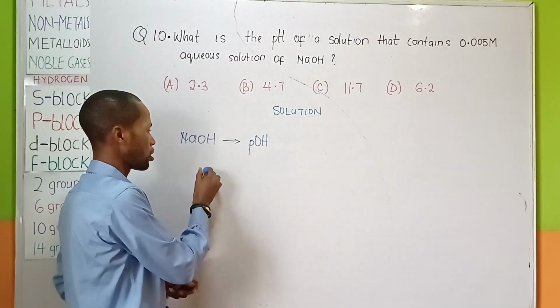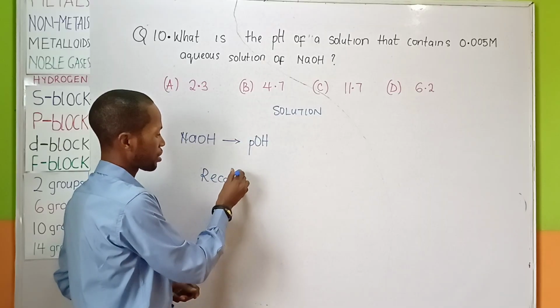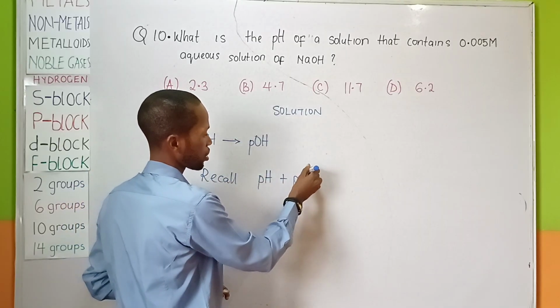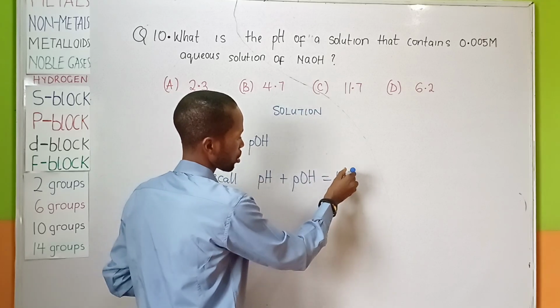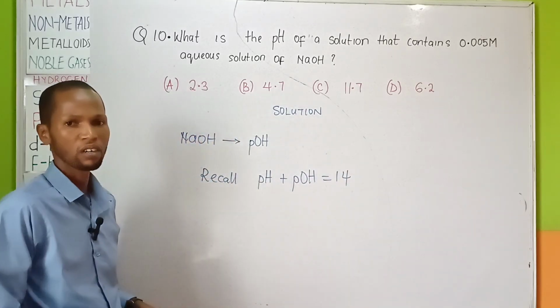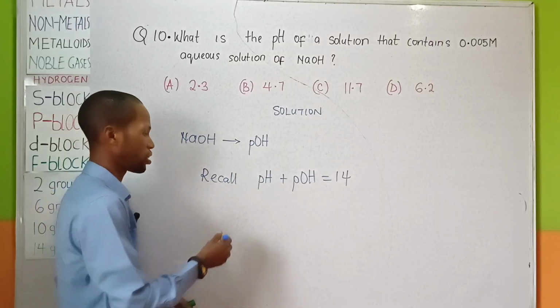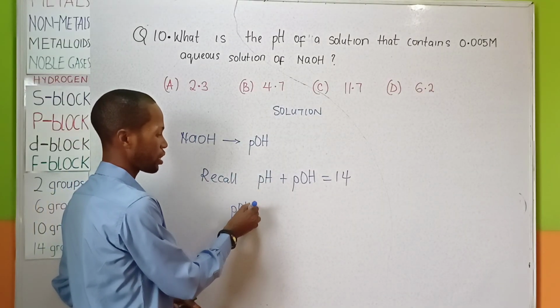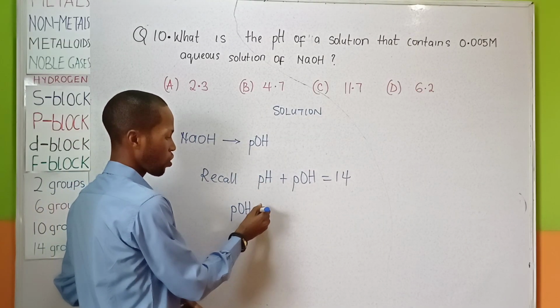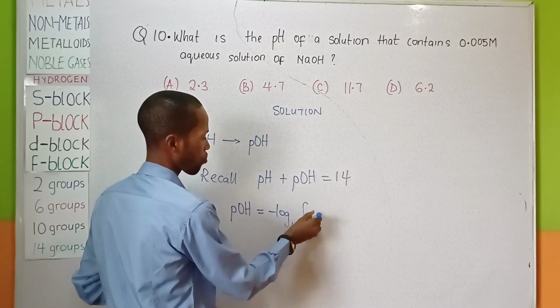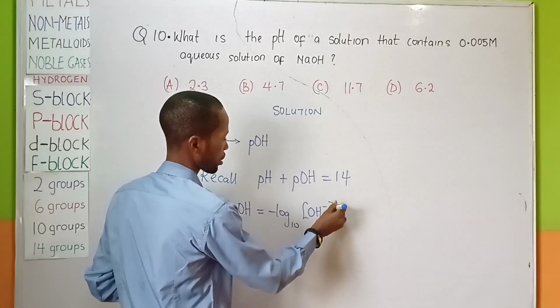So recall that pH plus pOH equals what? That's right, 14. Okay, so we need to find the pOH first, since we are dealing with a base right here. pOH equals negative log to base 10 of what? Hydroxide ion concentration.